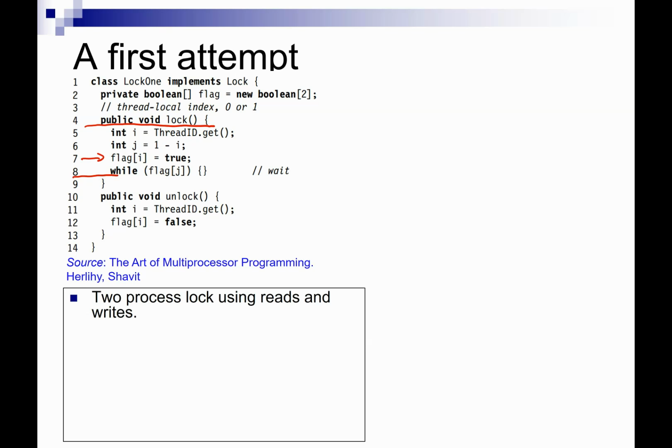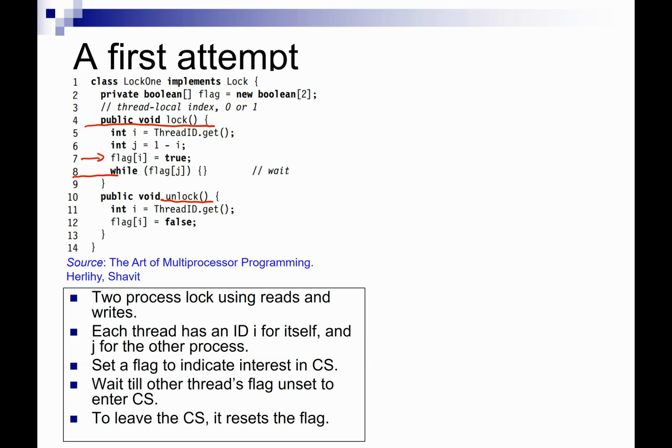As long as his flag is up, I'm going to keep waiting. So I have this while loop over here. If he raises his flag for a long time, then I'm going to wait for a long time. So that's the lock algorithm, and the unlock algorithm just means that I'm done using the critical section. Now I'm just going to lower my flag, because I don't need it anymore. So that's the algorithm.